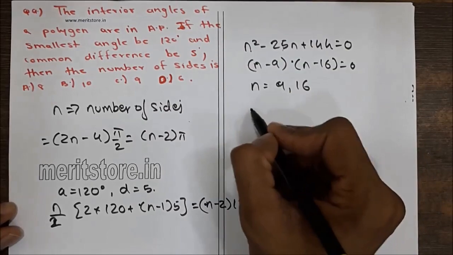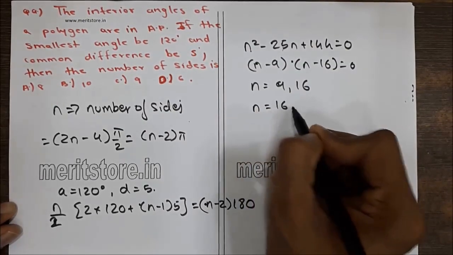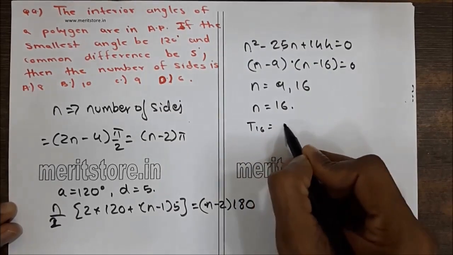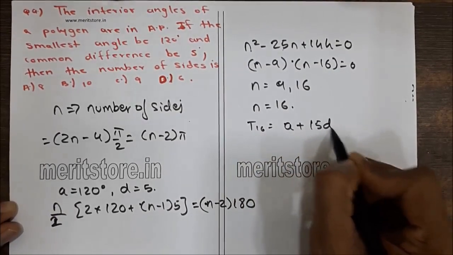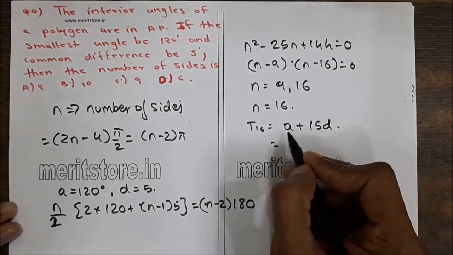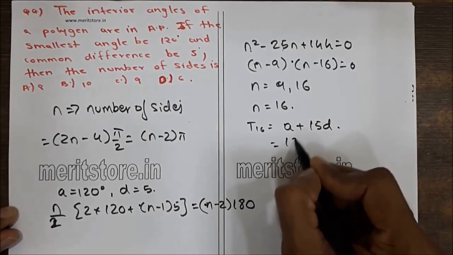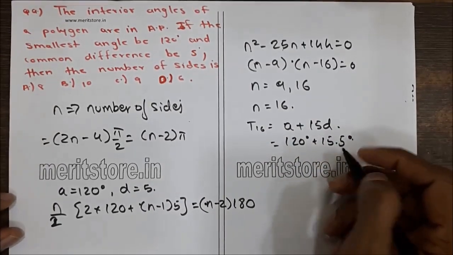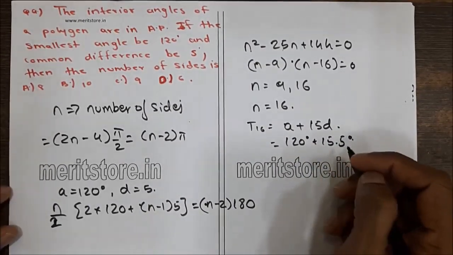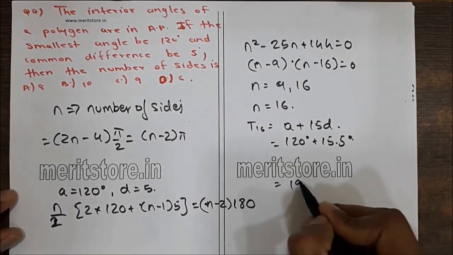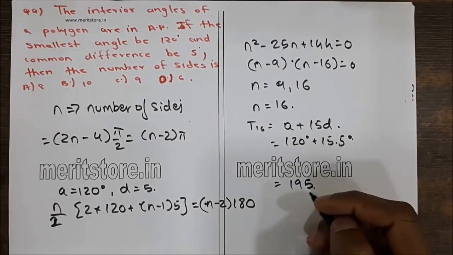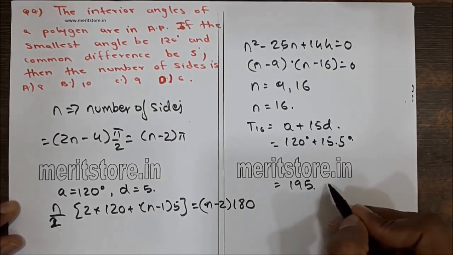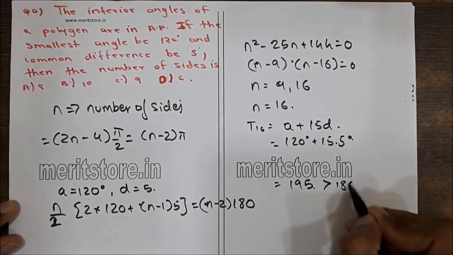So for n equal to 16, the 16th term is given as a plus 15d, where we substitute the values of a and d. We get 120 degrees plus 15 into 5 degrees. Further solving this, we get 195, which is impossible as an interior angle cannot be greater than 180.